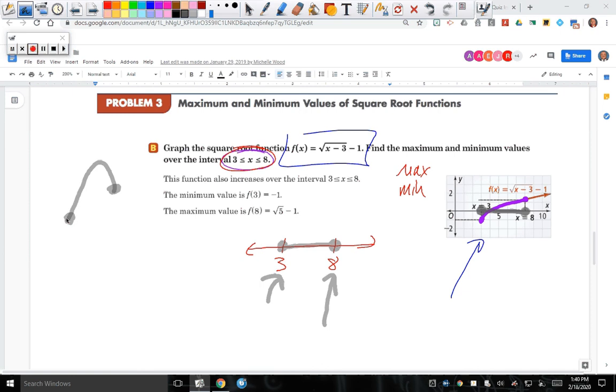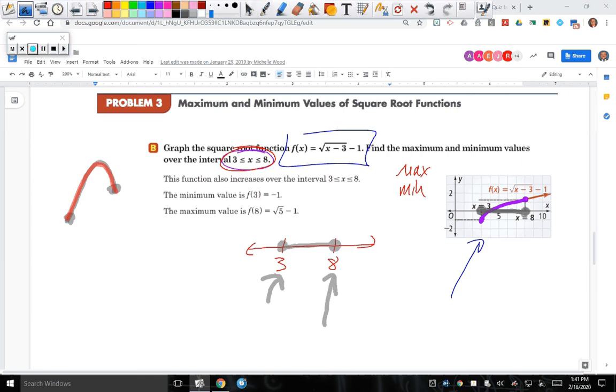Why? Because it could go increasing to decreasing. Wait, so did you say it was a number inside of them, or it's either 3 or it's 8? It's either 3 or it's 8, because square root functions will always increase or they will always decrease. There's no change in direction like x squared. Okay? So the max or min will occur at the endpoints and only at the endpoints.